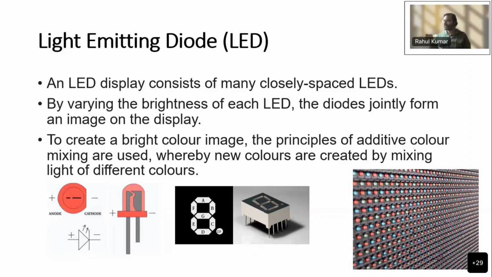Semiconductor materials basically act like both conductors as well as insulators. When we apply a certain value of voltage across the semiconductor material, it will start conducting. And if the voltage is less than the required voltage, then it will act like an insulator. It will not allow the electricity to pass through it.